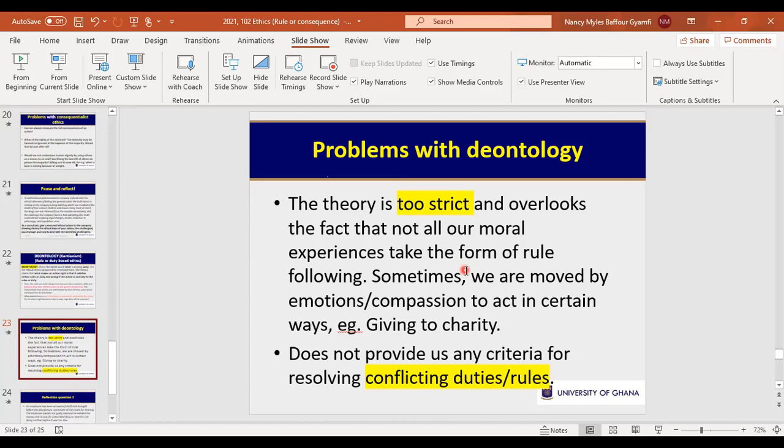So you can't begrudge Kant too much when he's overly fixated on keeping to the rule. Act out of duty. That simply means if it is wrong to steal, then do not steal. Go hungry and die. You will go to heaven rather than stealing or cheating or lying so that you can survive, in the name of, you see, if I didn't do that, my sick mother would have died.